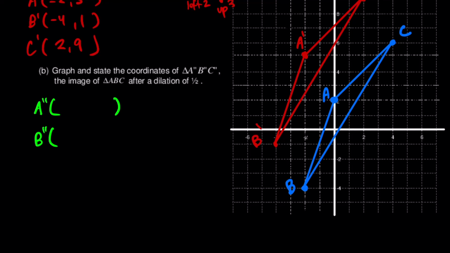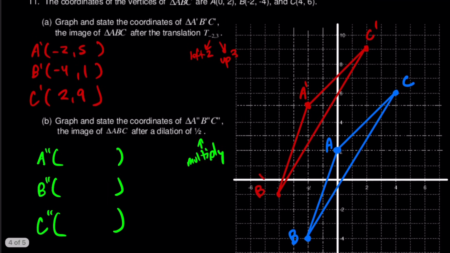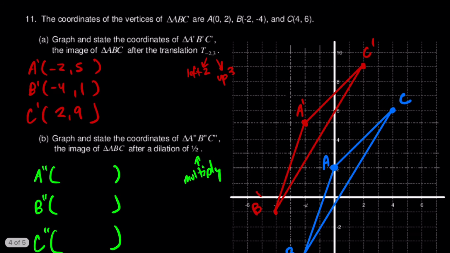This is too hard to do visually. Remember what a dilation of 1/2 does. That means you're going to multiply the coordinates by 1/2. So I'll go back to the original coordinates right here, and I'll take each one of those and multiply it by 1/2. Same thing with this, same thing with that.